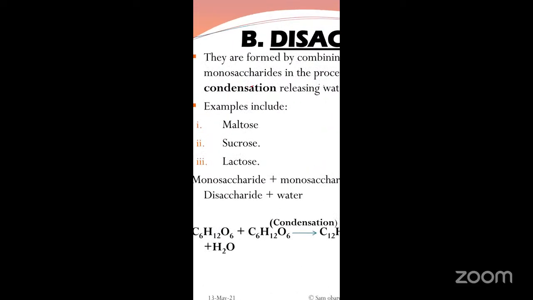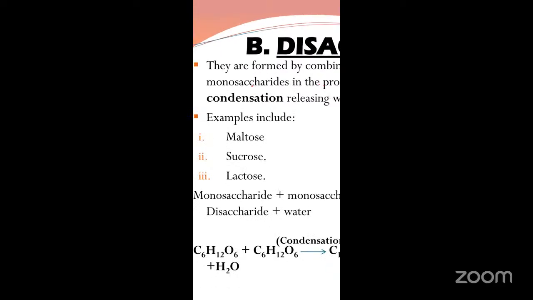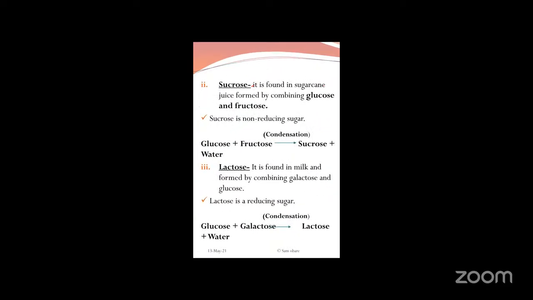Then we have another one. We have sucrose, which is an example of a disaccharide. So how do we form sucrose? Sucrose is formed when glucose and fructose combine. When you combine glucose and fructose through the process of condensation, you form a disaccharide known as sucrose, and of course, water is also formed. Now, where can we find sucrose?